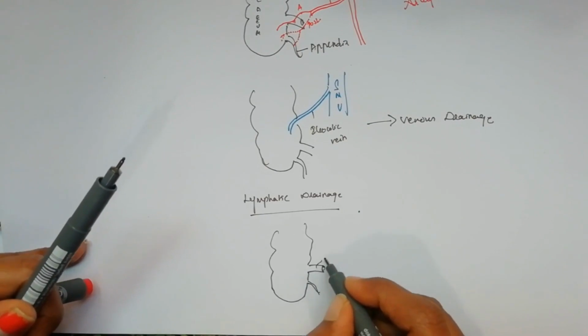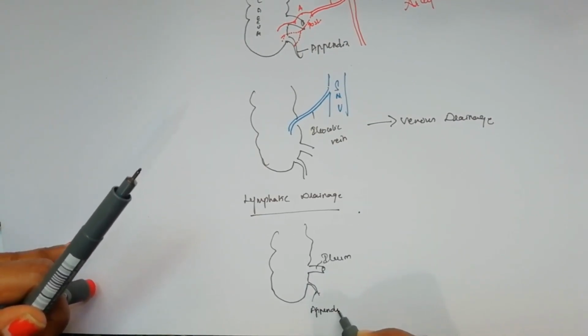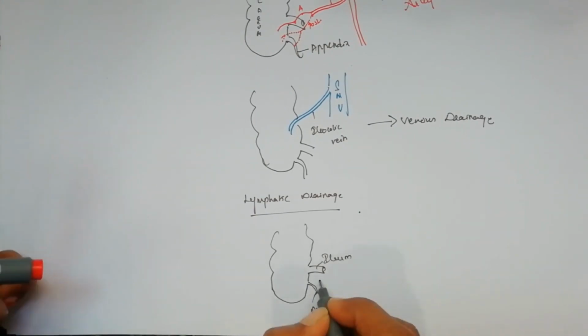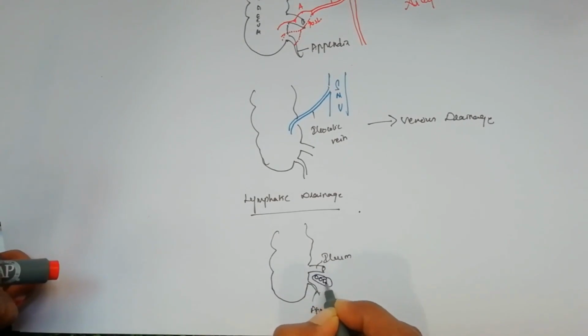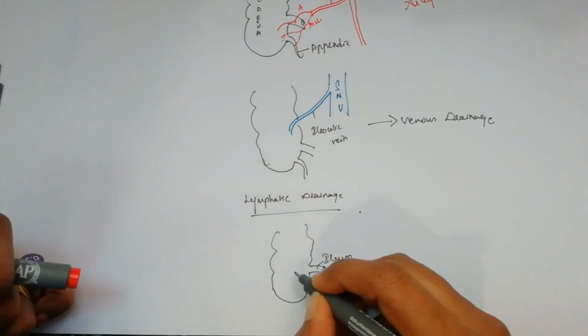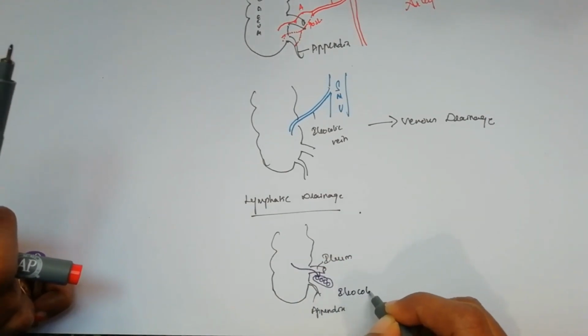Between the ileum and appendix, we have a group of lymph nodes present, and those lymph nodes are known as ileocolic lymph nodes. So the cecum is getting drained into the ileocolic lymph nodes.